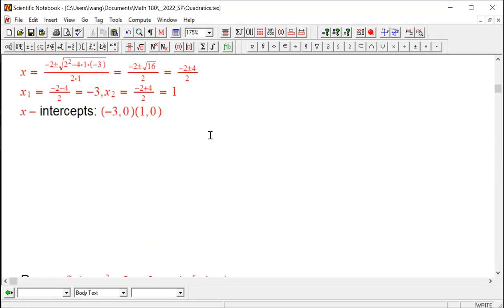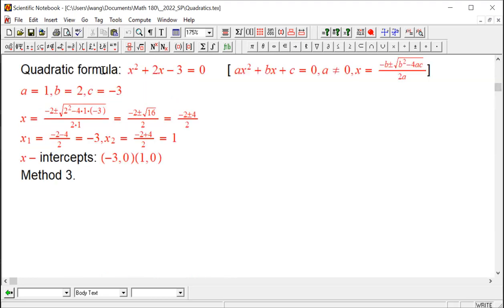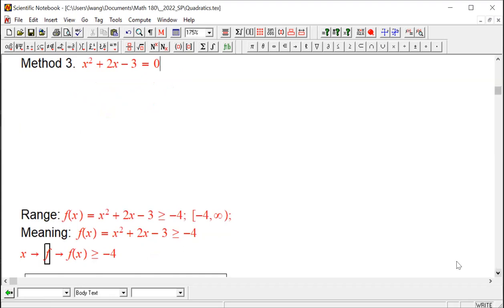So this piece is a review for intermediate algebra, okay? And we do have a third method, method 3. I just mentioned the third method is actually factoring. I don't know how good you guys are with factoring, but I know there are a variety of ways of factoring and many teachers teach them differently.